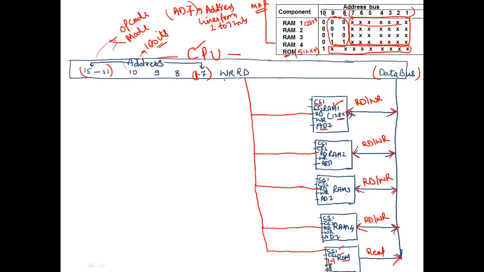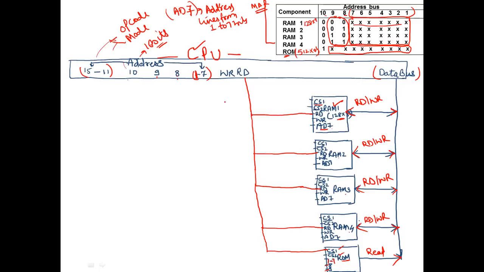The output from the 8th and 9th bit address lines I will attach to CS1. But since in the ROM we have not defined any separate read signal, this CS1 will depict the read for us in the case of ROM. This is one point to understand.